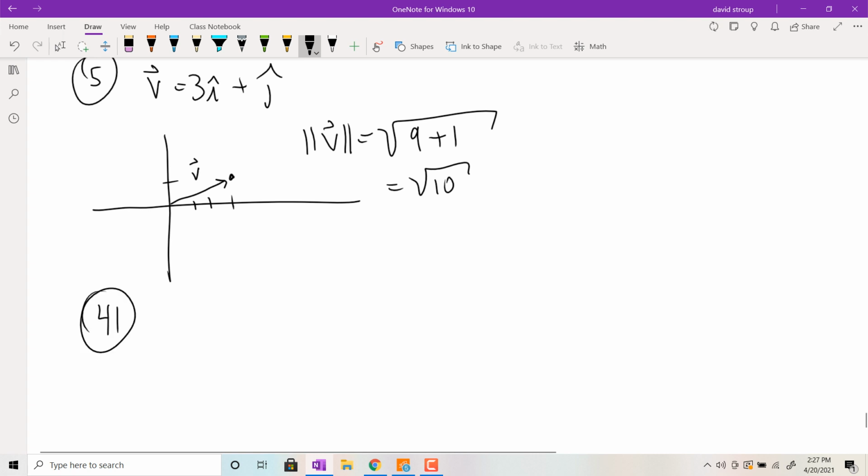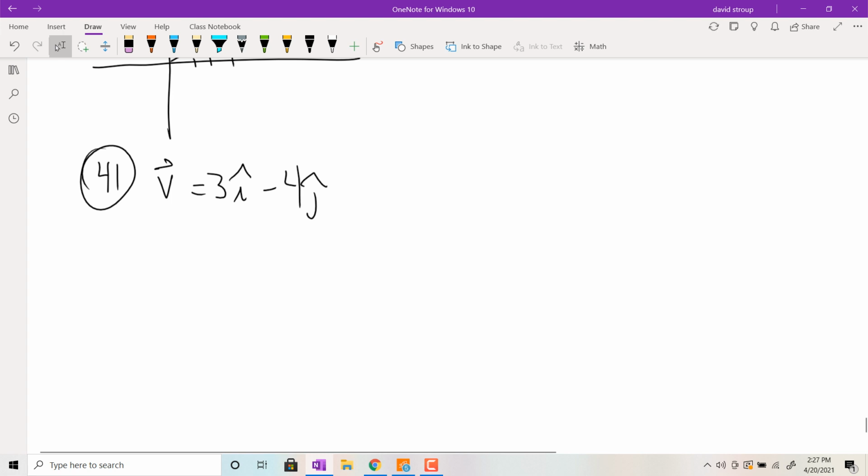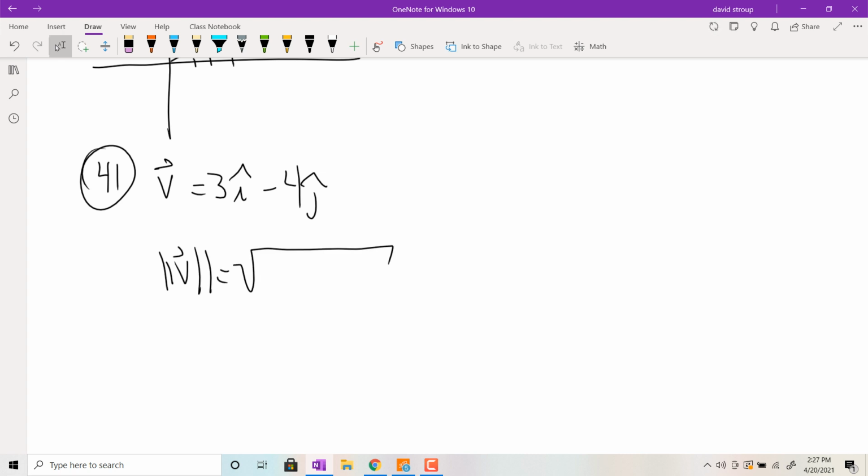Number 41, they want us to find the unit vector in the direction of the given vector v, which is 3i minus 4j. So to find the unit vector, you need to resize this original vector v by a factor of 1 over the magnitude. So I need to figure out the magnitude. You just take the components and square them, so we get 9, plus negative 4 squared is 16.